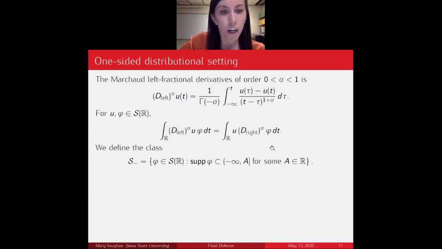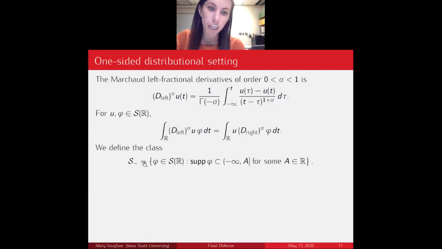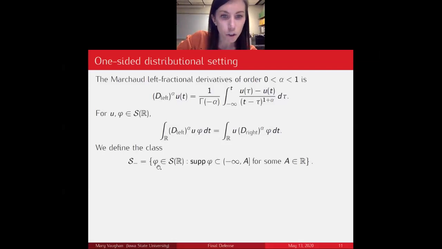And so we are going to define our class of test functions to be the set of Schwartz functions that are supported on the left. So there exists some real number a such that the support of phi is contained in negative infinity to a. And now if we look at this expression here, the reason we do this is because if phi is supported on the left, then I'm only looking at the left fractional derivative of u on the left.